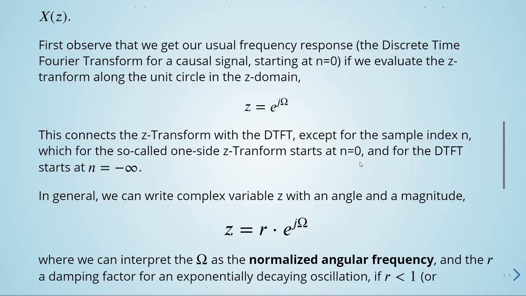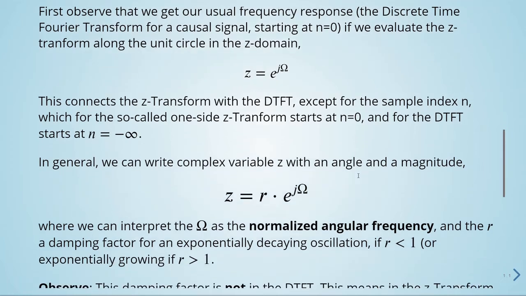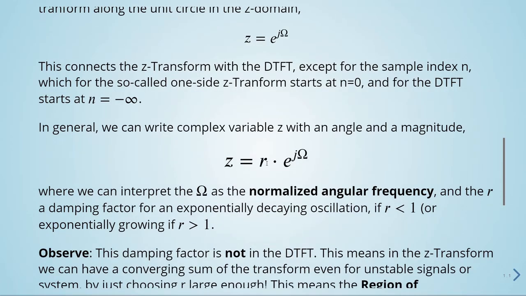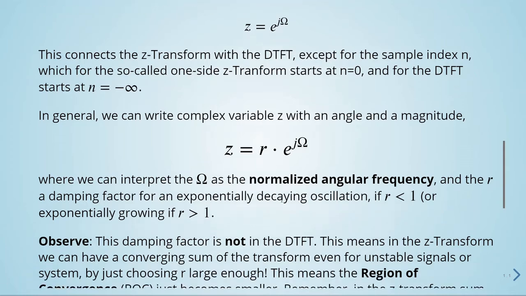In general, we can write the complex variable z with an angle and a magnitude. So here we can interpret the capital omega as the normalized angular frequency, and the r is a damping factor for an exponentially decaying oscillation if r is smaller than 1, or exponentially growing if r is greater than 1.